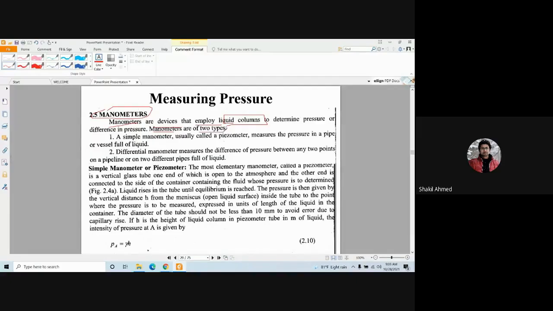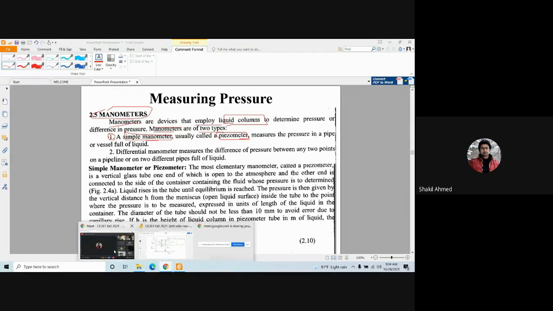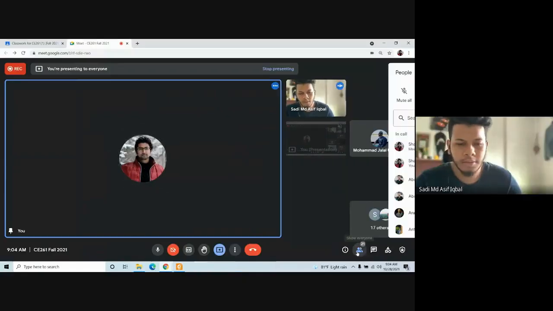Manometers are of two types. Number one, simple manometer, usually called a piezometer, which measures the pressure in a pipe or vessel of liquid. Are you following me, guys? Yes, sir.